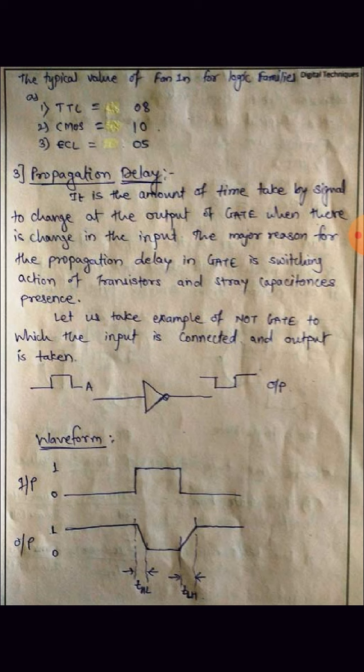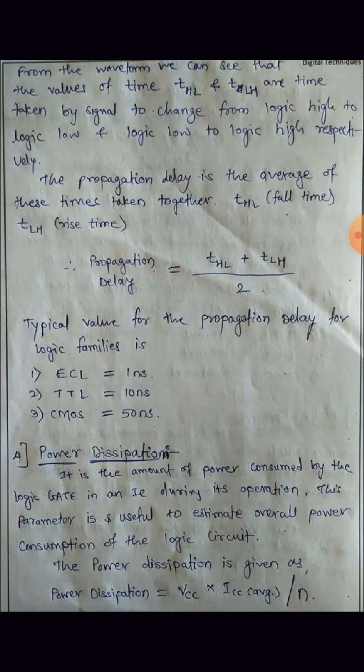It is the time required to change the output from one state to another. It is in nanoseconds, very small. For ECL it is 1 nanosecond, for TTL it is 10 nanoseconds, and for CMOS it is 50 nanoseconds.